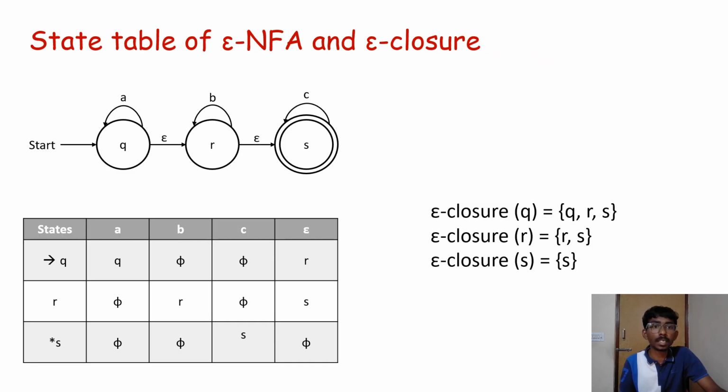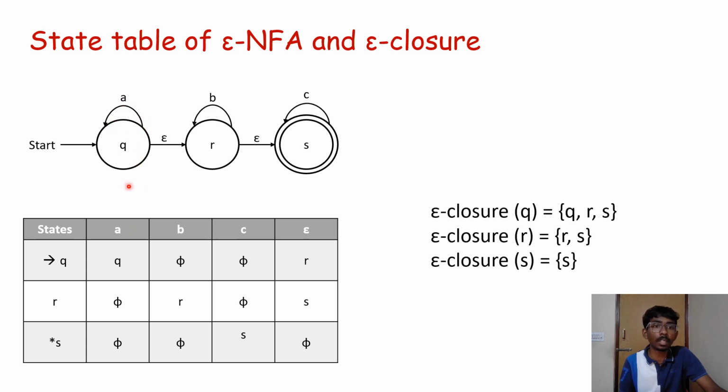So first let us consider the epsilon NFA table, state table and epsilon closure for the given epsilon NFA. So in this state table we have included these three states Q, R and S. So the Q state on giving input A, it takes to the position Q itself.